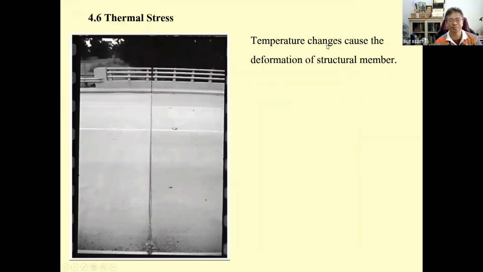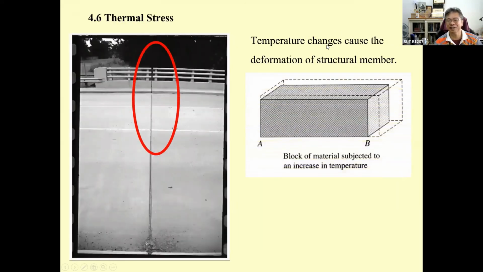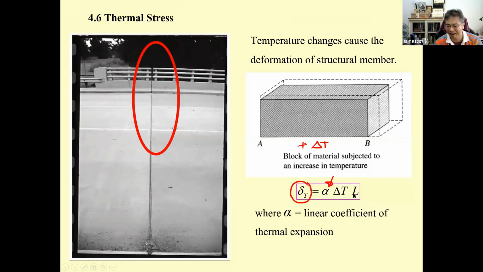When the temperature increases, the material expands; if the temperature decreases, it's going to shrink. The deformation of the material is equal to the coefficient of thermal expansion times the change in temperature and length.